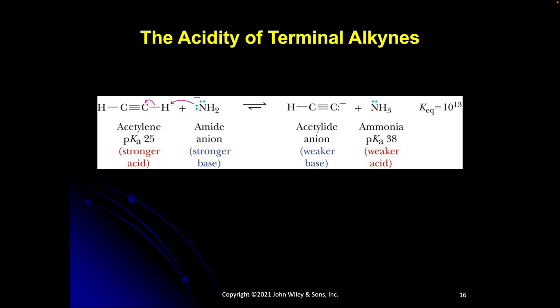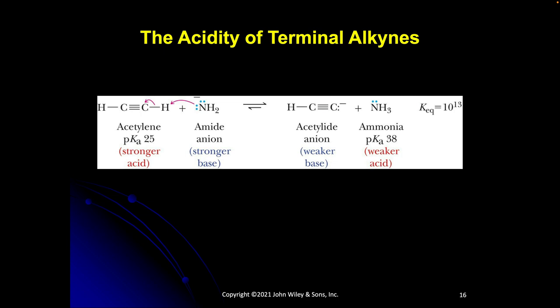And we learned that we can react that with a strong base, something that's known as amide. Don't worry too much about that, okay? I'm not showing the counter ions that are there. We're just showing the net ionic equation. And we can get a reaction to occur that gives us a carbon-carbon triple bond with a negative charge on that terminal carbon plus ammonia, which happens to be a gas, okay?